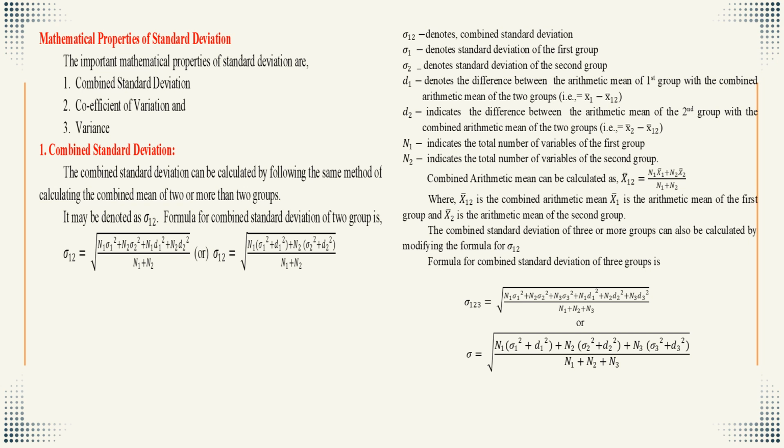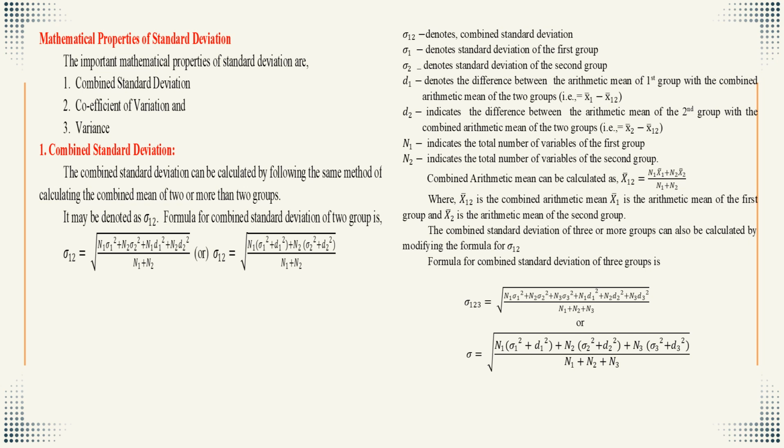Sorry, small sigma 1,2 would be calculated as the square root of n1 into small sigma 1 square plus d1 square, where small sigma 1 is the standard deviation of that one section of the variable, plus n2 into small sigma 2 square plus d2 square, divided by n1 plus n2. Then small sigma 1,2 denotes the combined standard deviation.